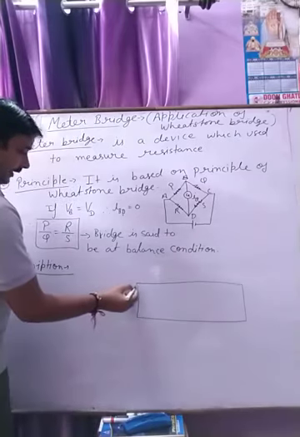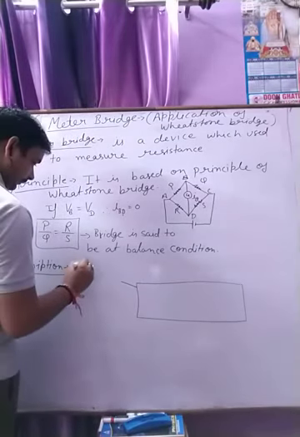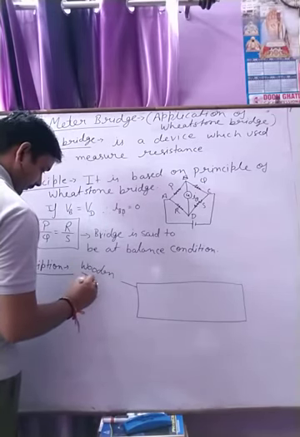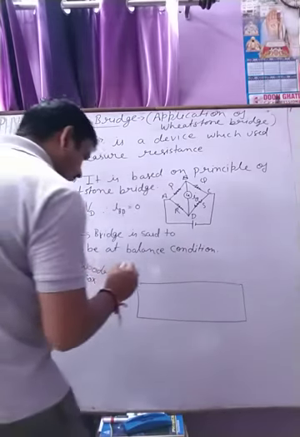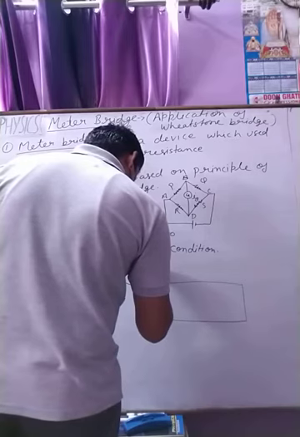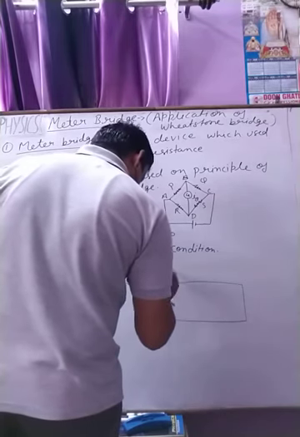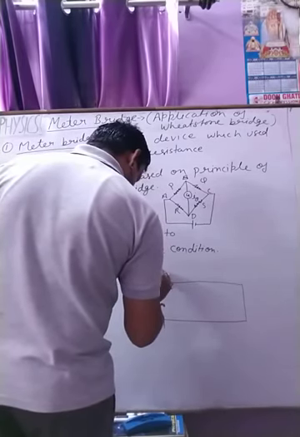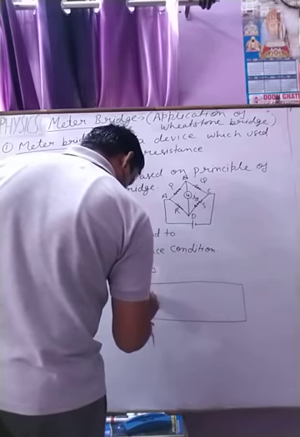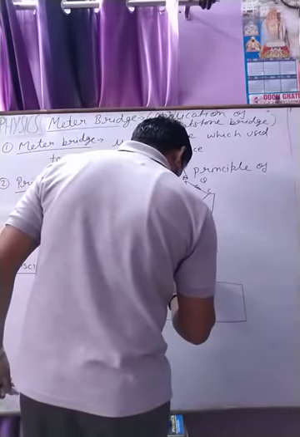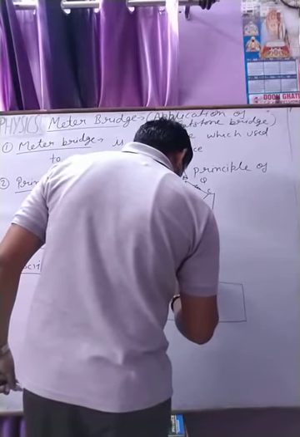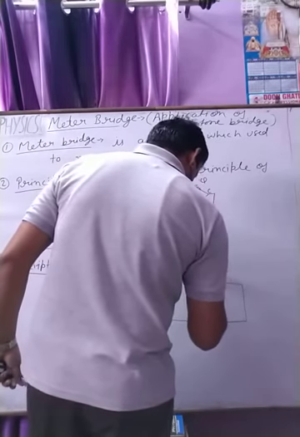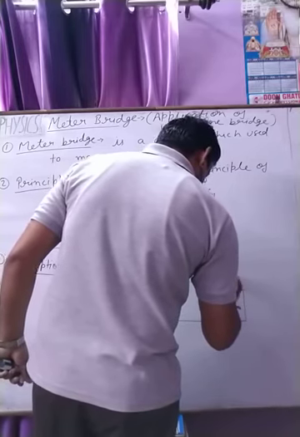A meter bridge is a wooden box in which three copper strips or bronze strips are connected.